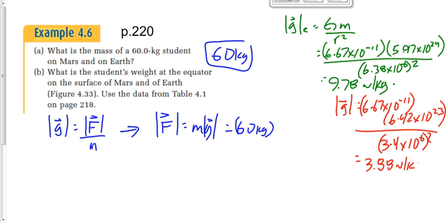So all I'm going to do here now is multiply this by 9.78, and then I'm going to do the same thing for Mars, multiplying it by 3.88.